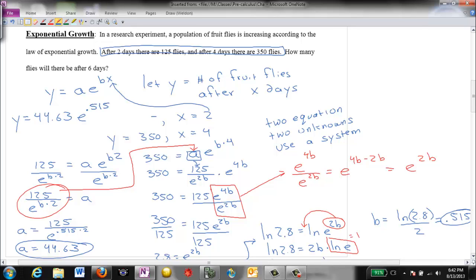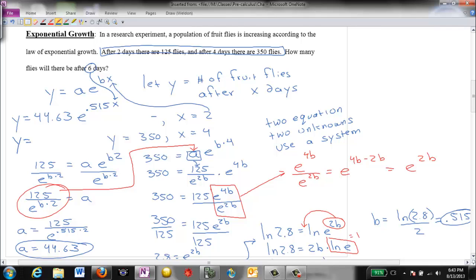So all I did was I took that A and that B that I found using a system of equations and plugged it back into my original growth model. So now the only unknown is X. So if I want to know how many fruit flies there are after 6 days, I just have to take 6 and plug it into X and do a simple calculation.